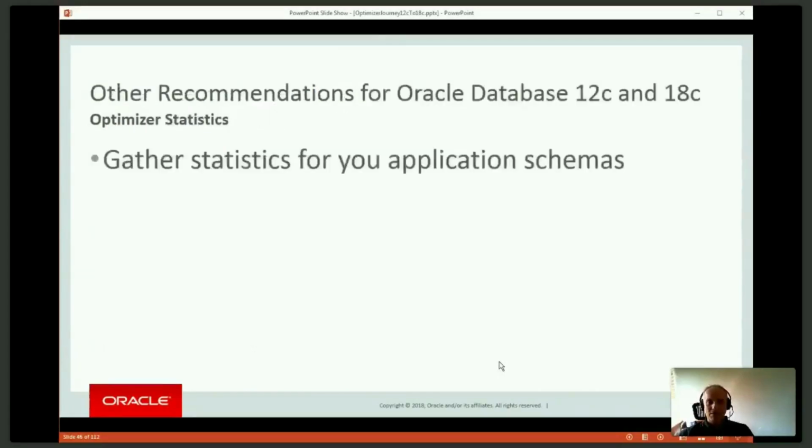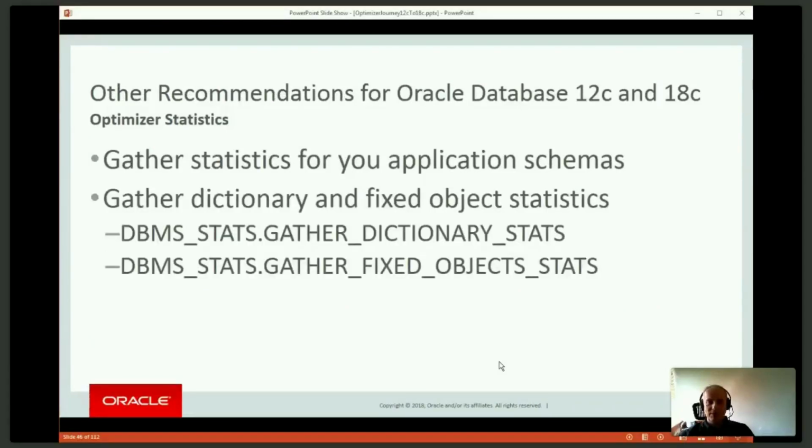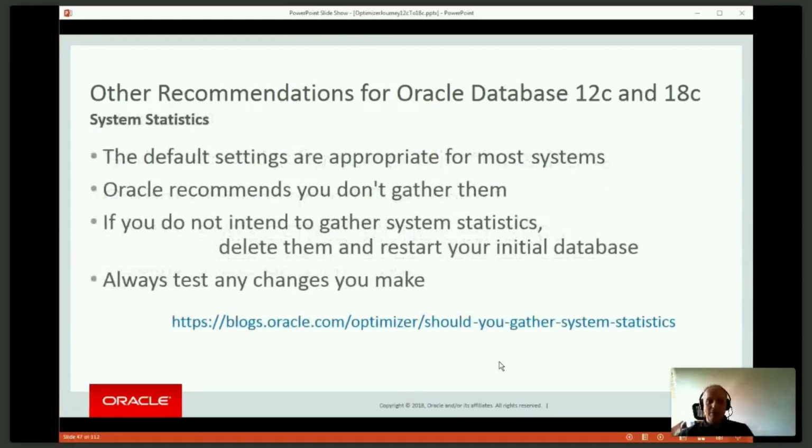Okay, now we move on to some more general recommendations. I think you should be aware of these: you're going to gather statistics for your application schemas, of course. Remember fixed object statistics, remember dictionary stats, you should always gather those. And regarding system statistics, this is some best practice that has changed recently.